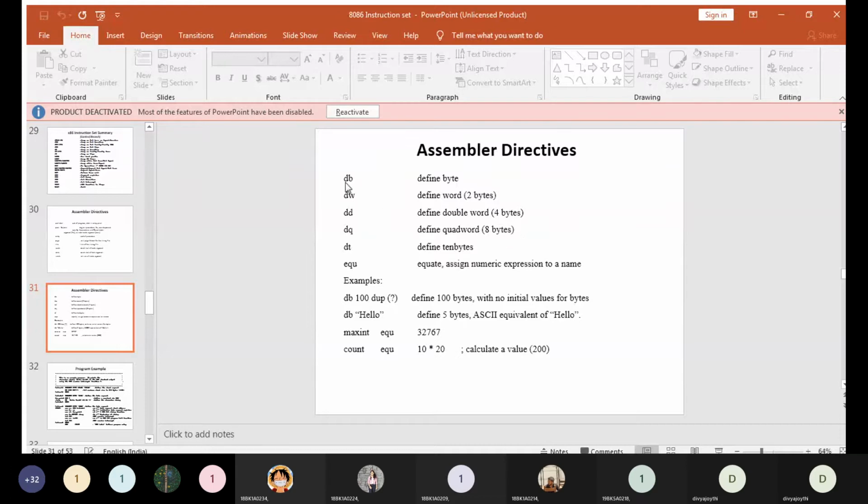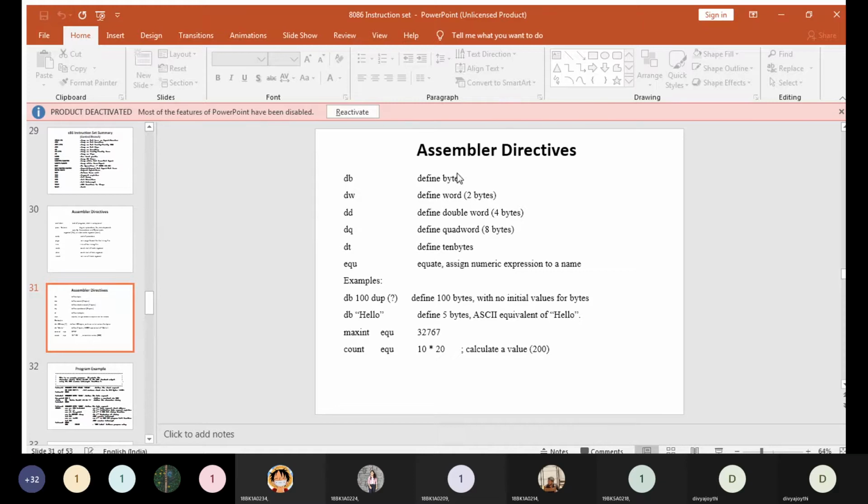See here, you can see DB. DB is an assembler directive. So what exactly does DB mean? DB means define byte. So whenever the assembler sees this word DB, it comes to know that the number written for DB needs a space of a byte.